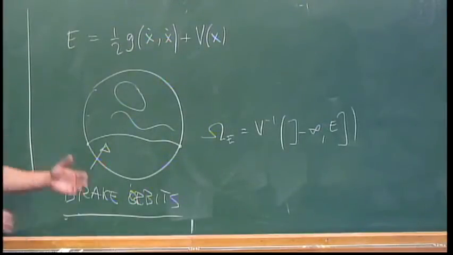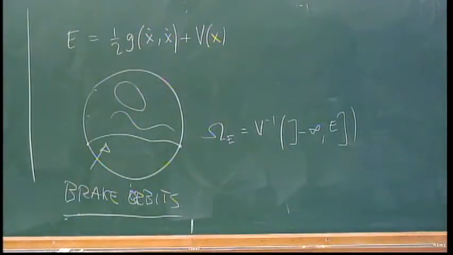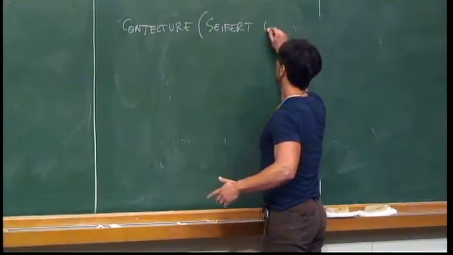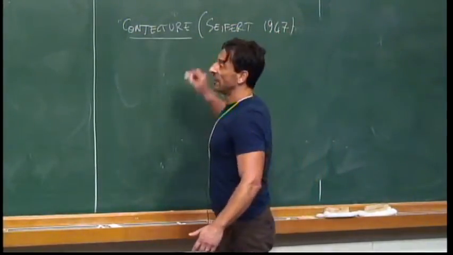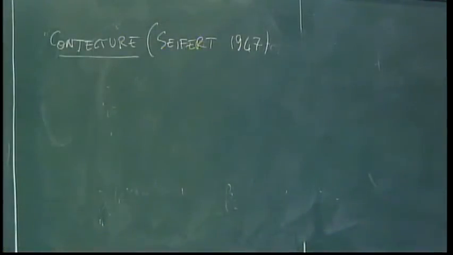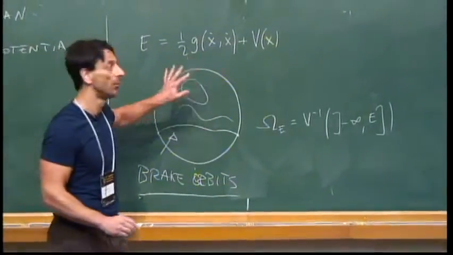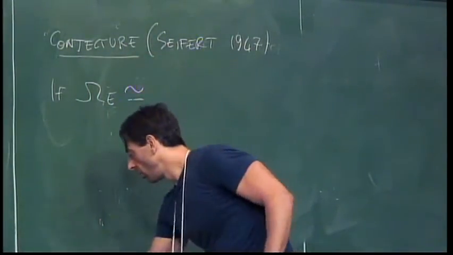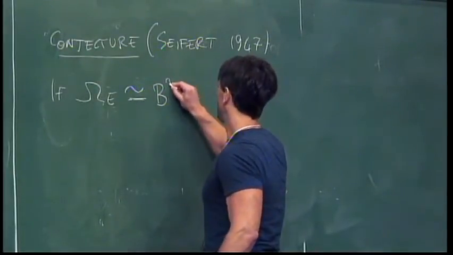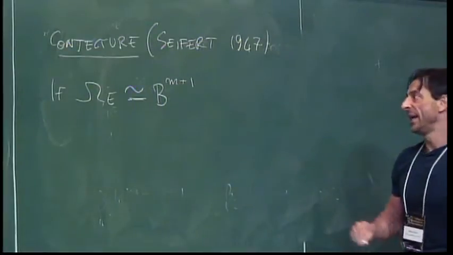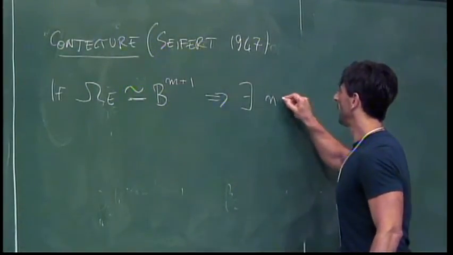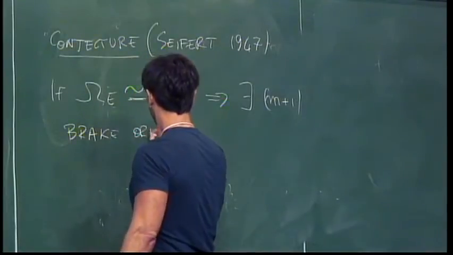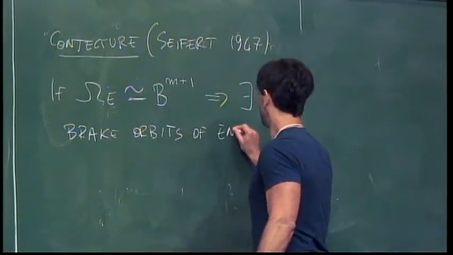There's a very famous conjecture by Seifert, 1947, that says that if omega E is homeomorphic to a ball of dimension, let me say, M plus 1, then there must be at least M plus 1 brake orbits of energy E.